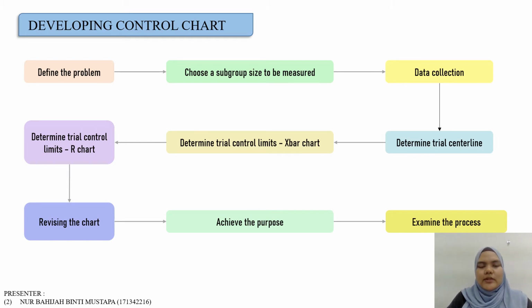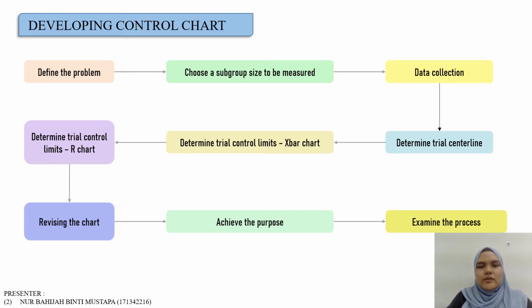Next, the purpose of the process is achieved, which is to reduce the variation inherent in a process over time. The dispersion of the data will continue to decrease as the method is enhanced, so we can improve the quality of the product. And the last step is to examine the process.